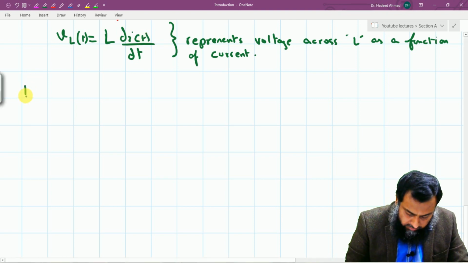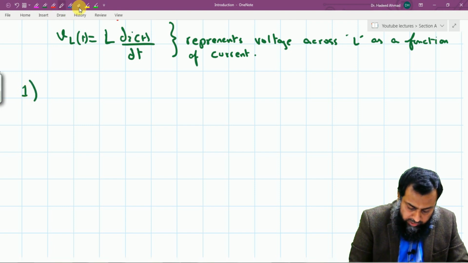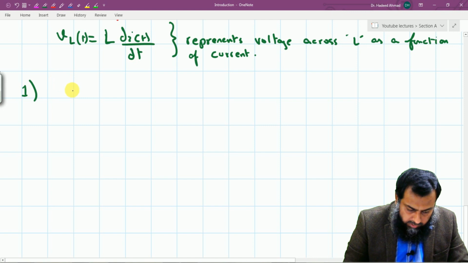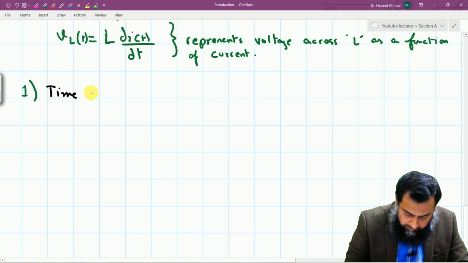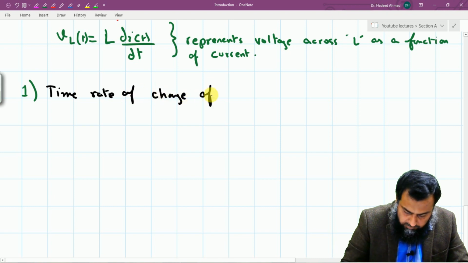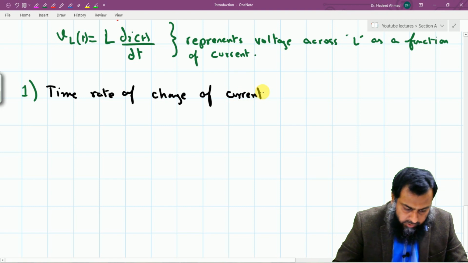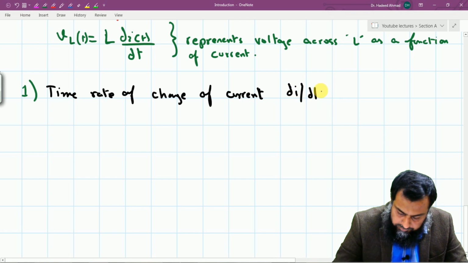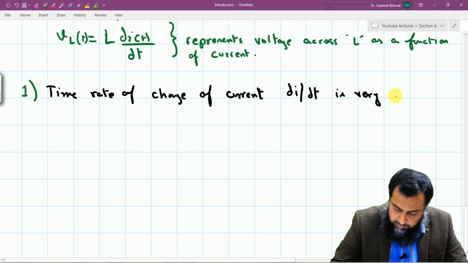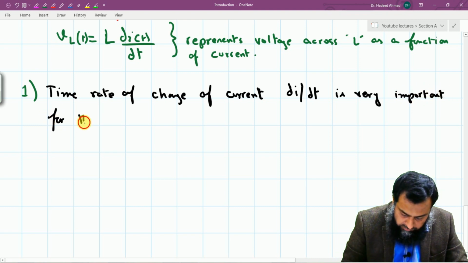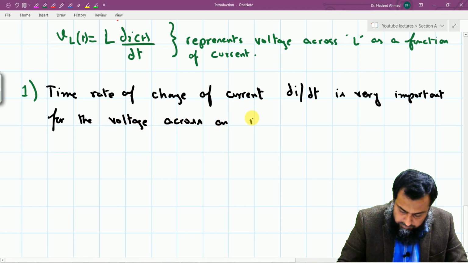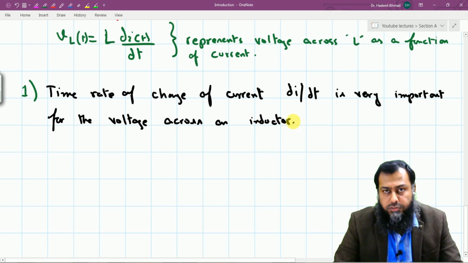The first thing that is available from this particular equation is that the time rate of change of current, di/dt, is very important for the voltage across an inductor, right?